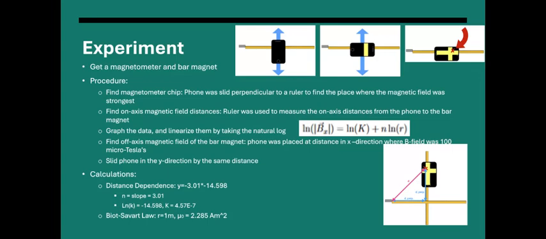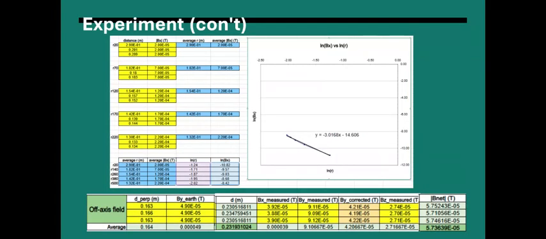So for the law, we used r equal to negative 1 meter, and then mu naught was 2.285 amp meters squared.